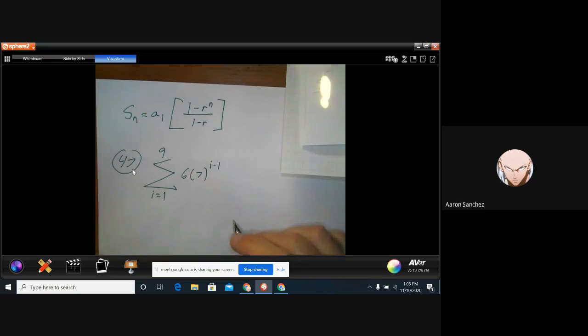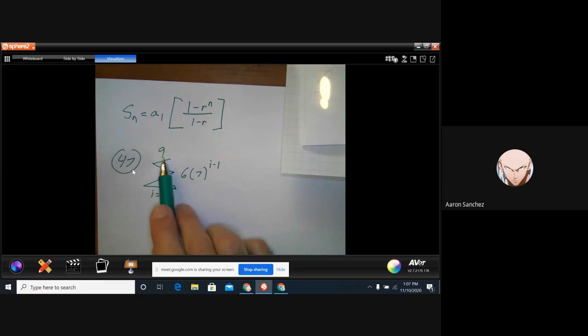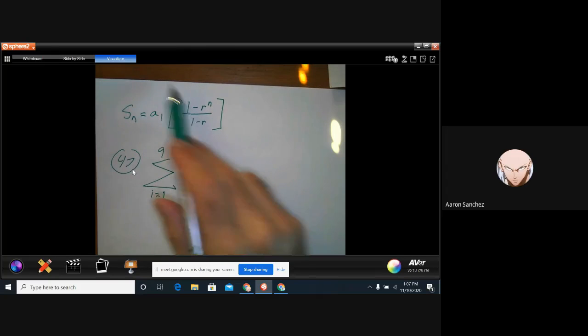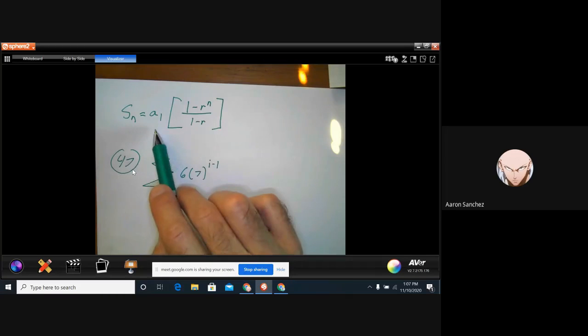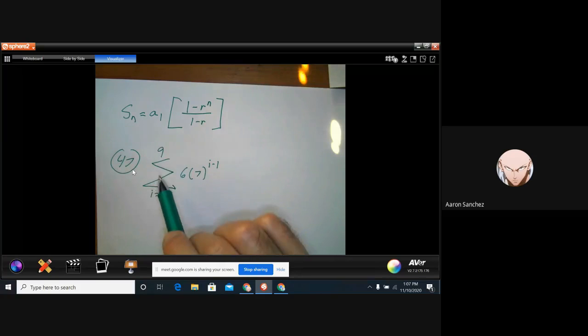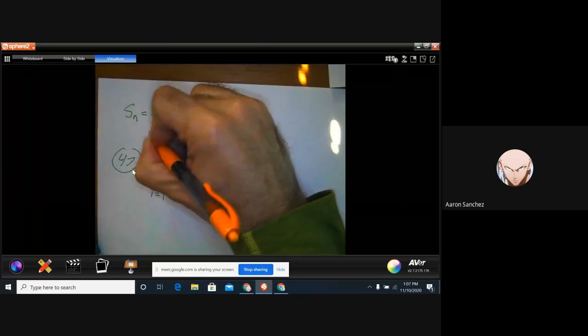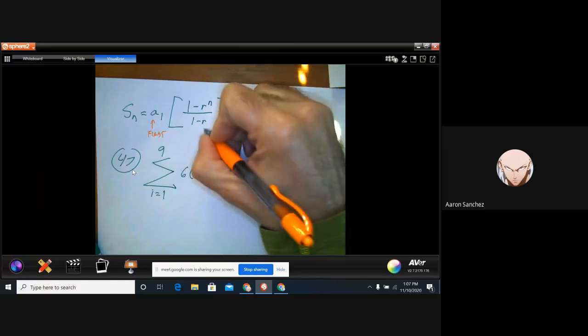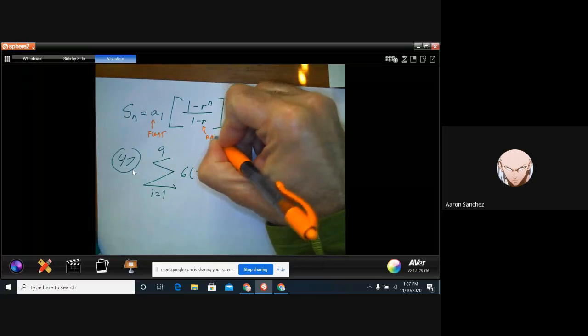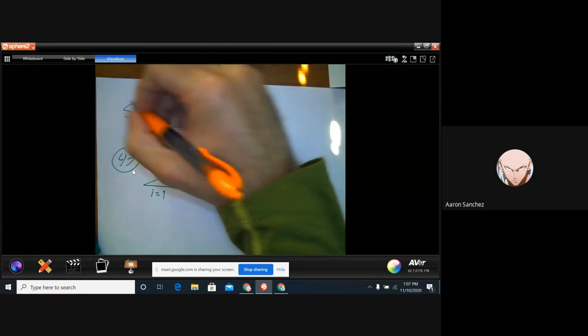Okay, if you want to do a summation of a geometric sequence, instead of figuring out 1, figuring out 2, figuring out 3, all the way up to 9, that's our last term, we use this formula. A to the 1 is the first term, the r is the ratio, and this is the sum.